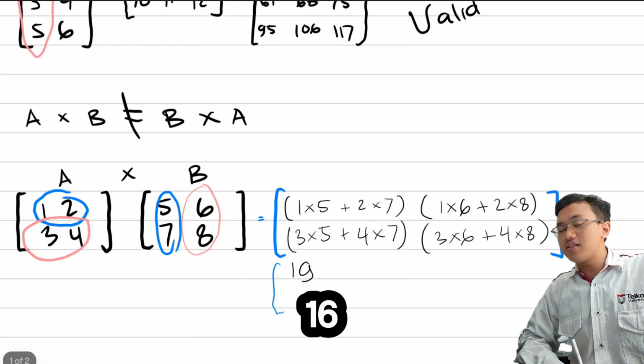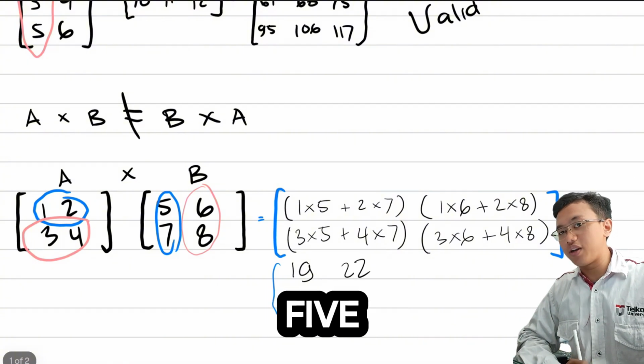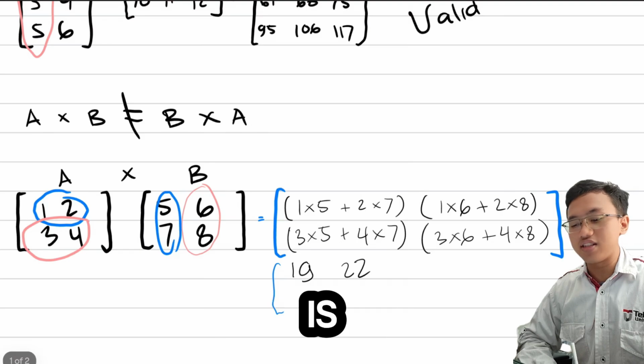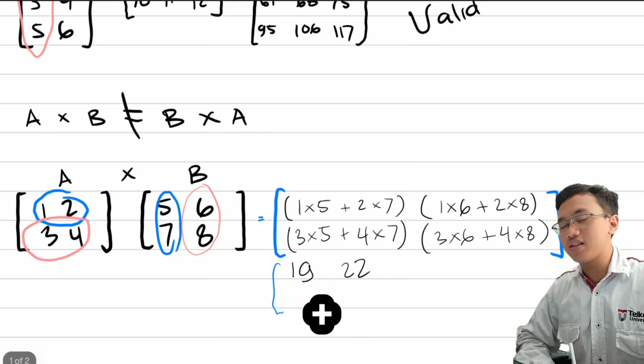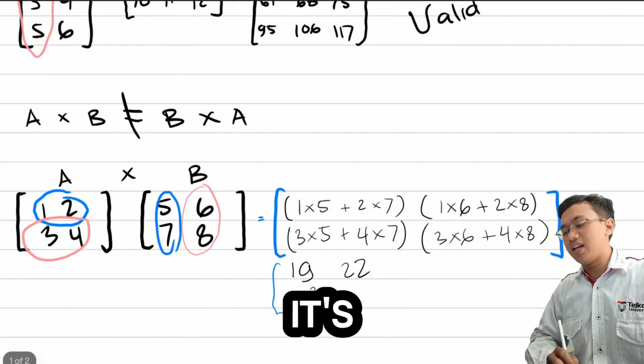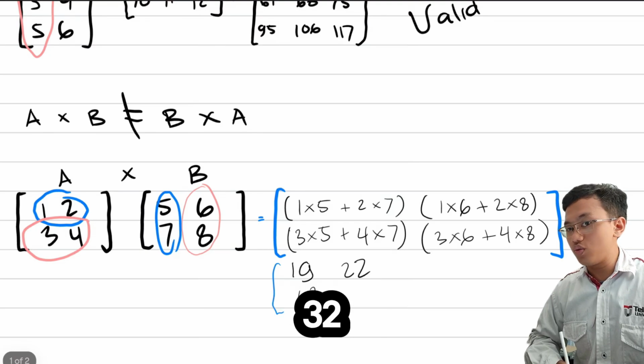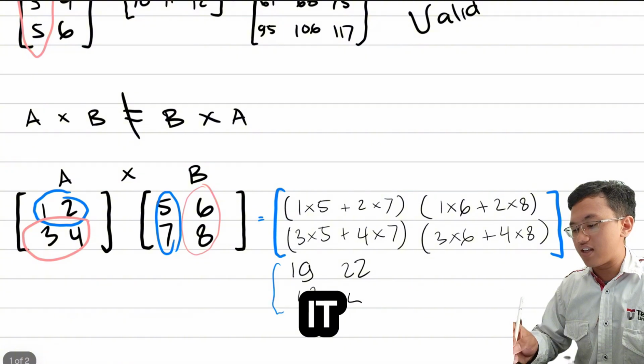So 6 plus 16 is 22. 3 times 5 is 15. 4 times 7 is 28. So 15 plus 28 equals 43. And the last one, 3 times 6 is 18, and 4 times 8 is 32. So 32 added by 18 is 50.